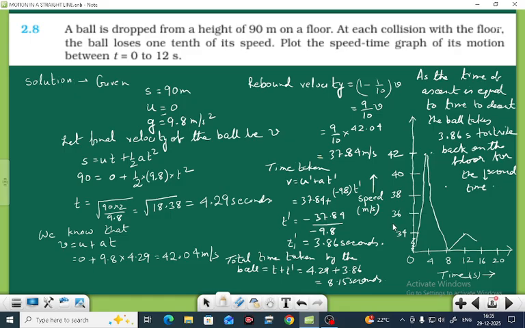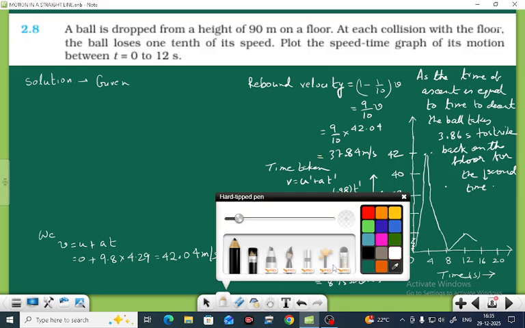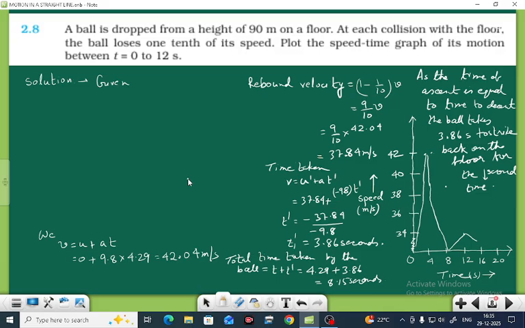Now you can find the velocity with which the ball rebounds from the floor.